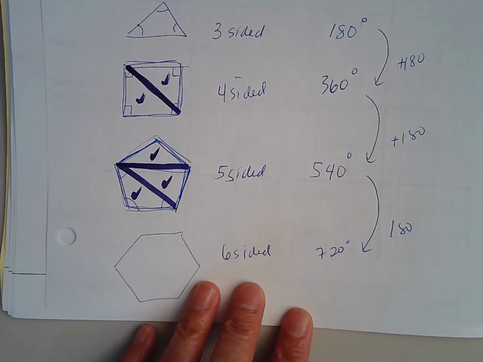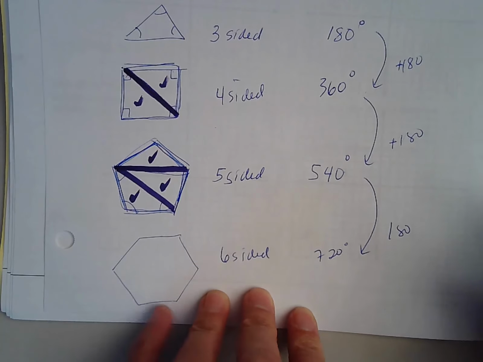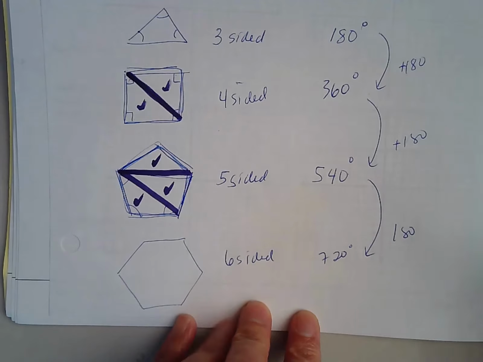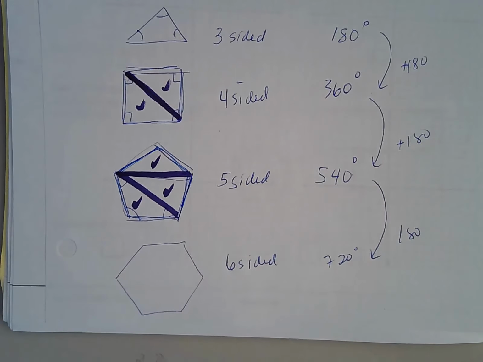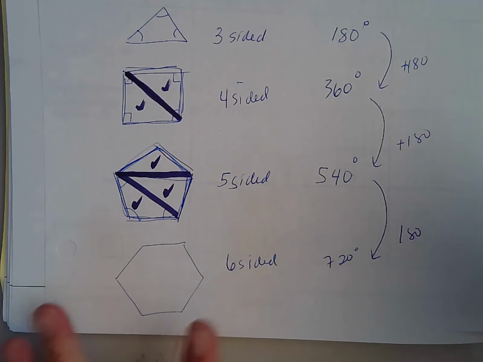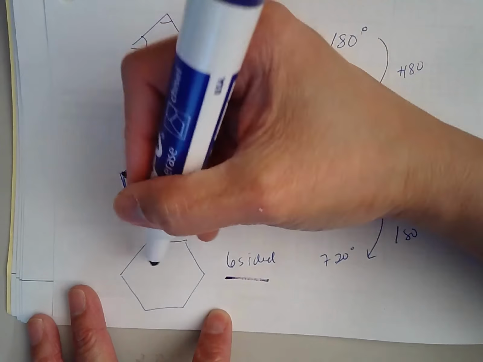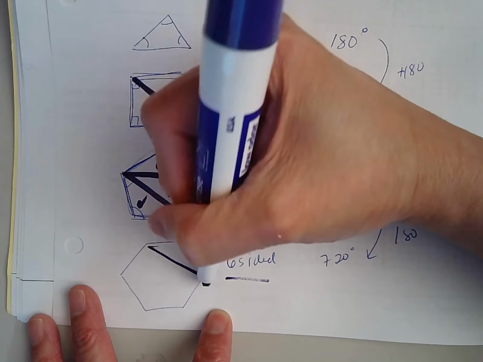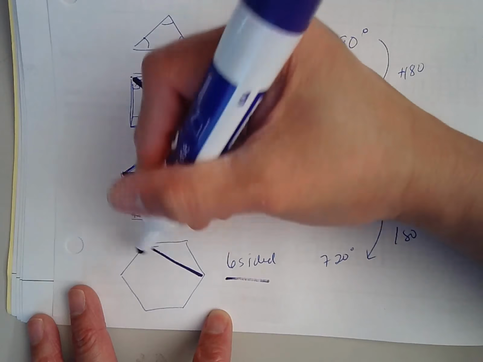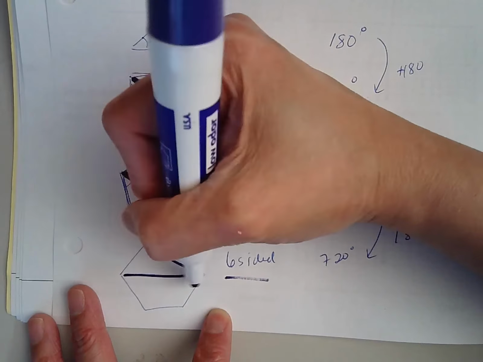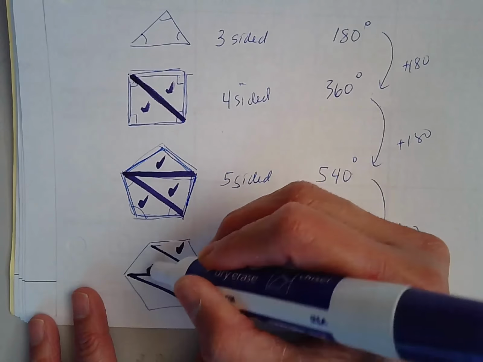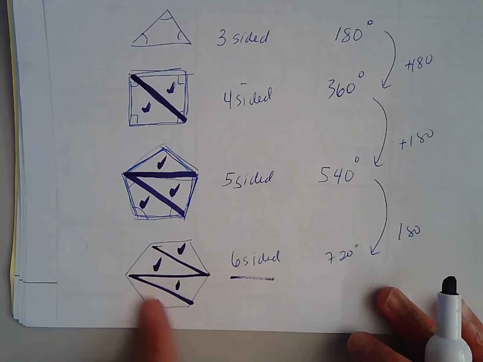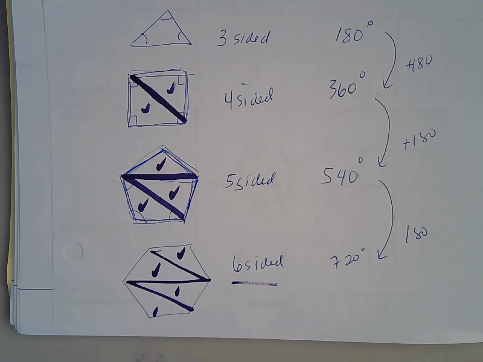Yeah, that's okay. You keep adding 180 because you end up creating another triangle. So with the six-sided, you can make 4 triangles, 4 180s, to get 720.